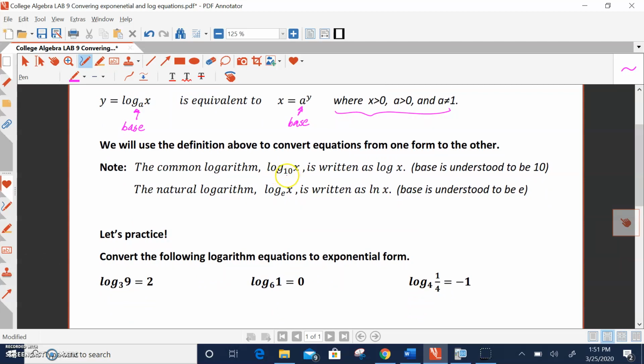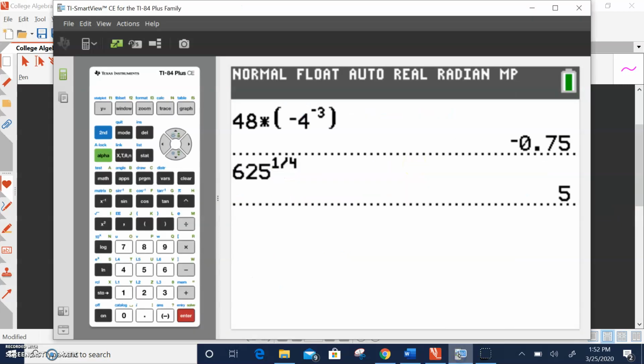So log base 10 is called the common logarithm, and it's not written with the base in place like you see it here. A common logarithm is written as just log x. And if you pull up your calculator, this button right here, the log, is log base 10.